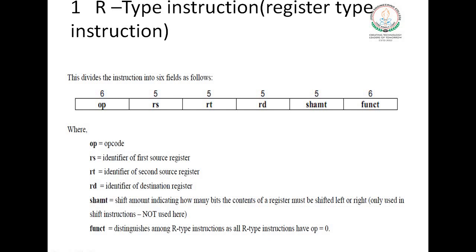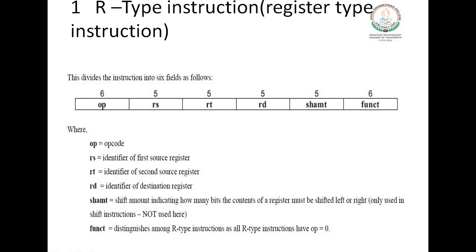Source register is allotted with 5 bits. RT is also a source register. Source register is allotted with 5 bits. RD is the destination register. Destination register is allotted with 5 bits.